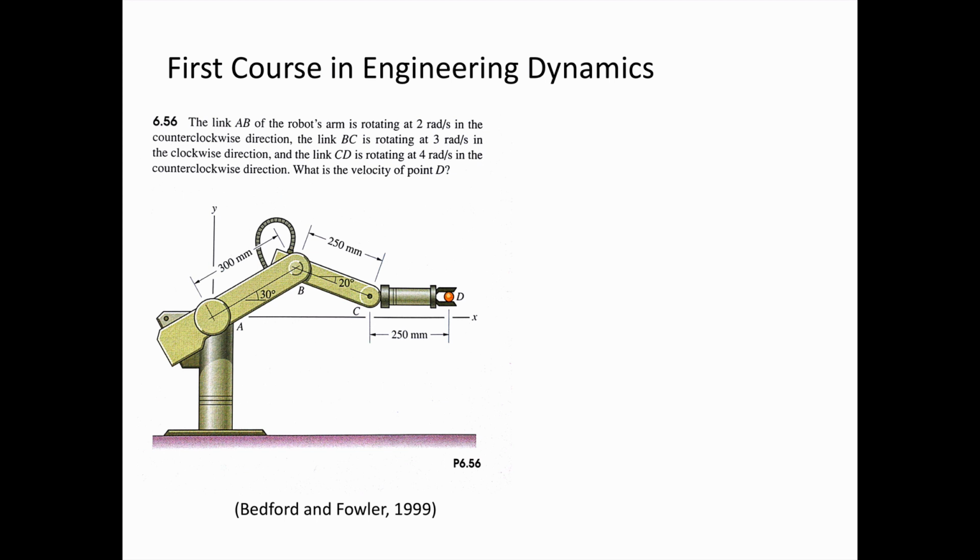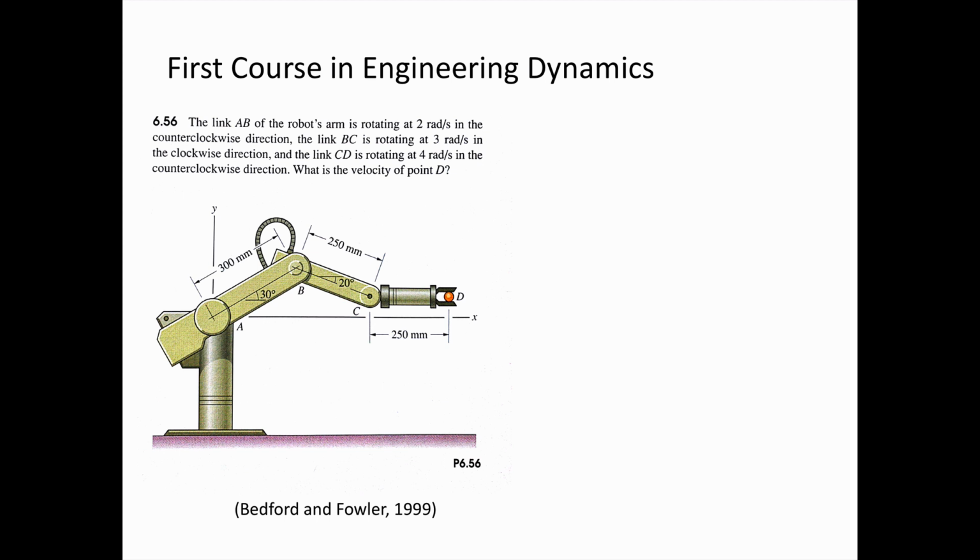What we see here is a robot. We're only looking at the planar motion in the XY plane of this robot. And it has several links, and we have 3 joints defined, A, B, and C. These are pin or revolute joints, meaning they can only rotate about the z-axis that's coming out of the page.